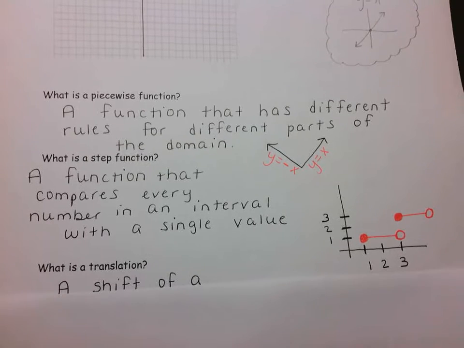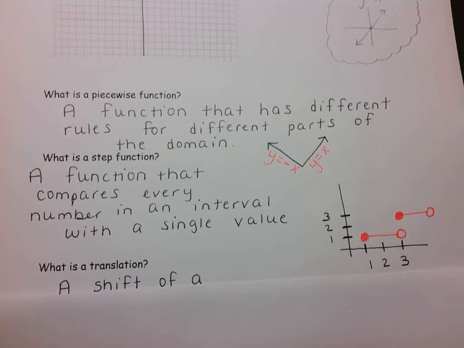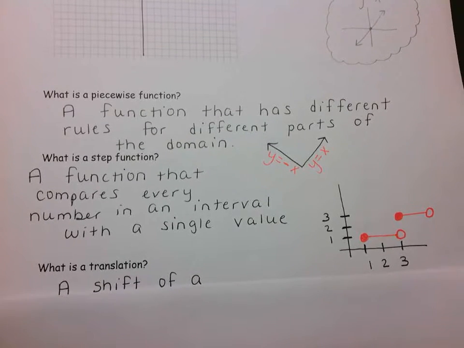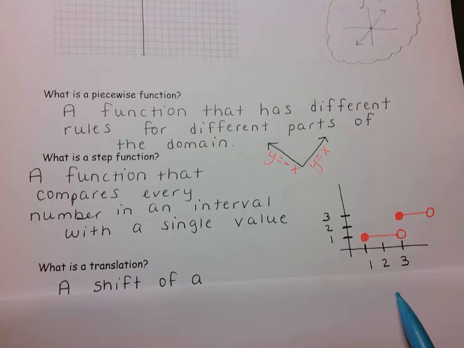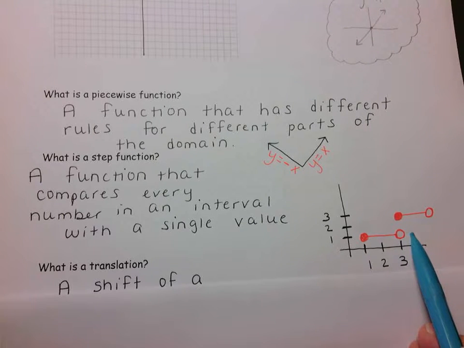A step function is another example of a piecewise function. A step function looks something like this, and you can see how it has different rules for different parts of the domain. A step function is a function that compares every number in an interval with a single value. This is an interval. So let's look at this interval, for example.